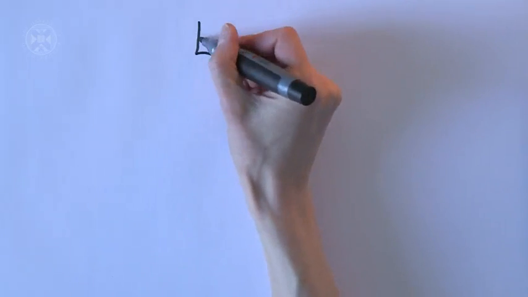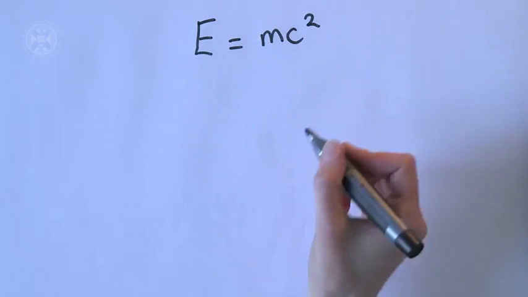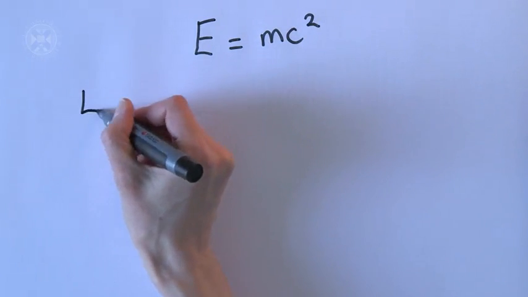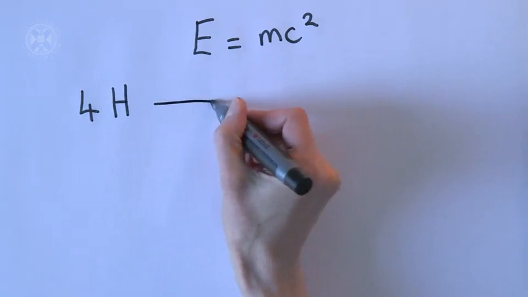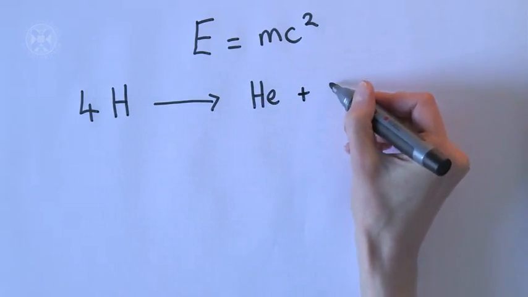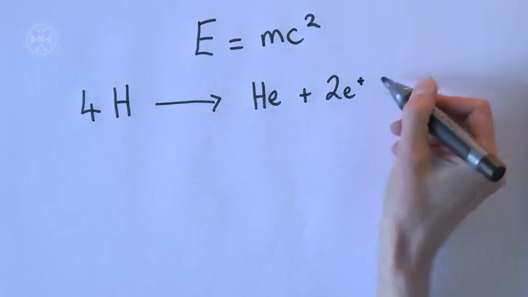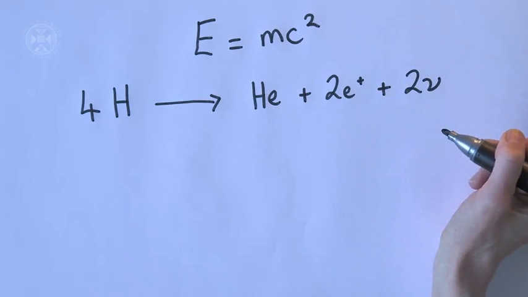Now, how can this reaction produce light? Well, to answer that question, we're going to use Einstein's famous equation, E equals mc squared. Now, the fusion reaction that's going on in the centre of the Sun fuses 4 hydrogen together to make helium, some positrons, and some neutrinos.